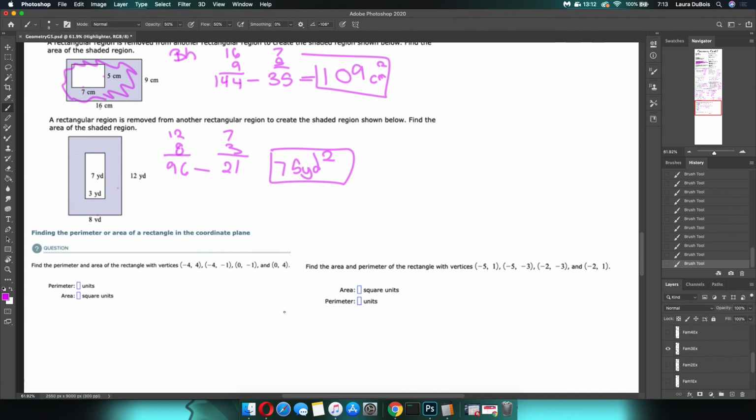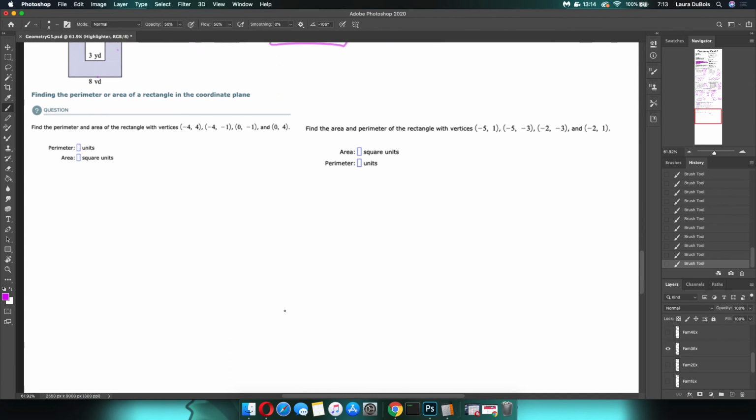Next up, the last topic of the family. Find the perimeter or area of a rectangle in the coordinate plane. At least on my screen grabs, they didn't give you a coordinate plane. Whether that is true to the actual topic itself, I don't know, but we'll have to make do.